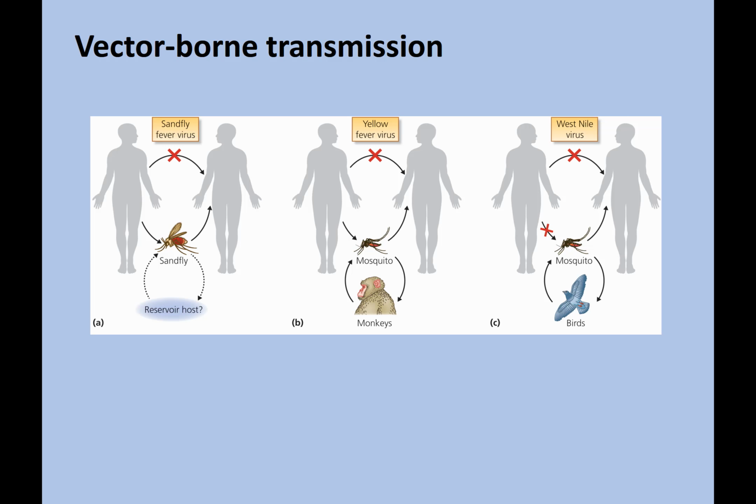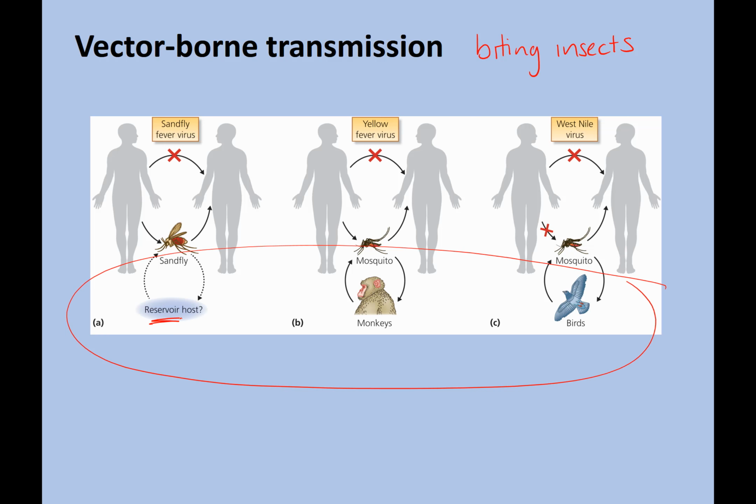Another type of transmission is vector-borne. So these are your biting insects. So the reservoir down here, a reservoir is a natural host where the microbe does not cause disease or not more than a mild disease.